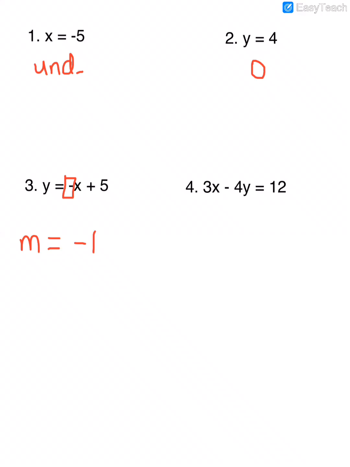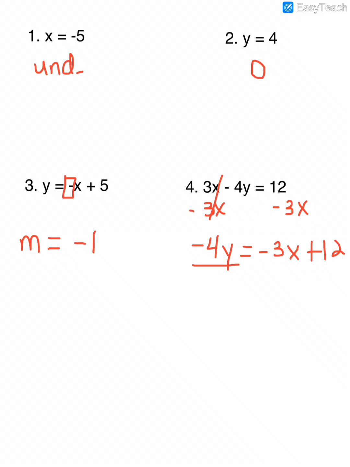For number 4, there's an x and a y, but it's not in slope-intercept form. So we have to get it in slope-intercept form first to determine what the slope is. All right, so to get it in slope-intercept form, y equals mx plus b, I need to get the y by itself. So I'm going to subtract 3x from both sides. And I have negative 4y equals negative 3x plus 12.